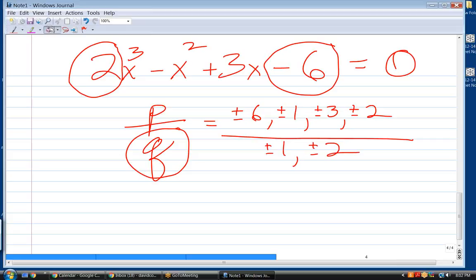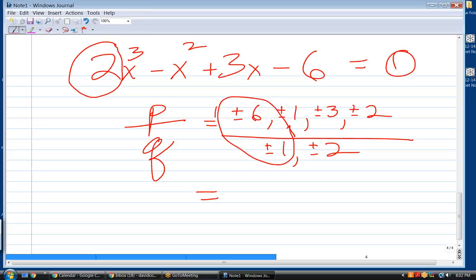Now, let's figure out all possible P over Q's. In other words, what you have to do is do all combinations. Do that combination, do that combination, and keep going.